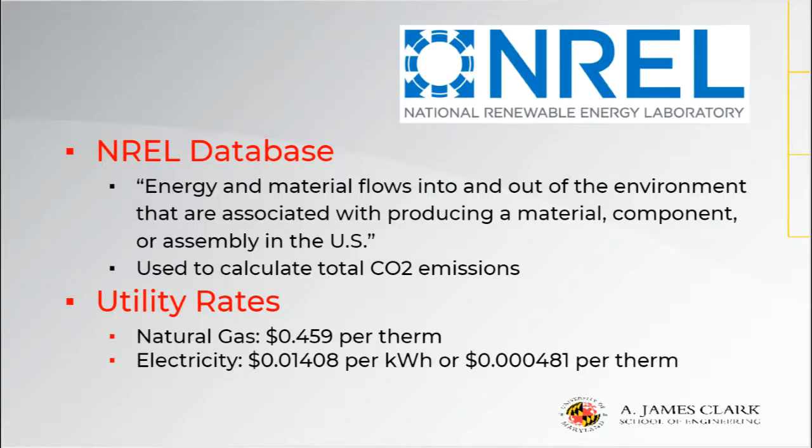So another tool that we used in class was the NREL database, and we used it also as part of this project, as part of the BCA analysis. The NREL database is energy and material flows into and out of the environment that are associated with producing a material, component, or assembly in the U.S. So basically, we use the NREL database rates to calculate the total CO2 emissions in pounds, as well as the standard utility rates that are used in the real world that were provided by Griffin and Lewis.